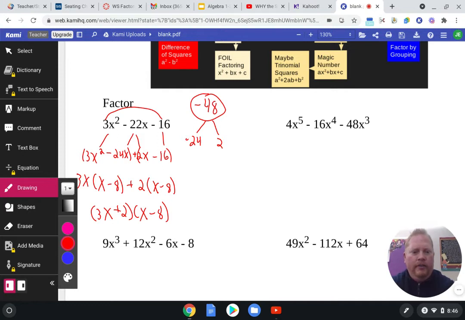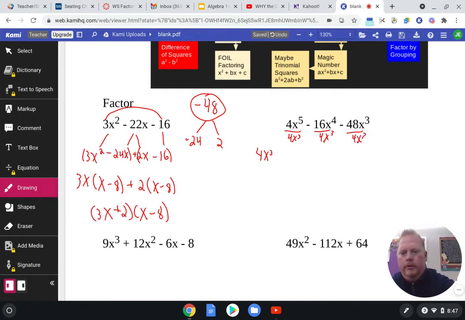So I'm going to factor out 4x to the 3rd. And when I do, I get x squared minus 4x minus 12.